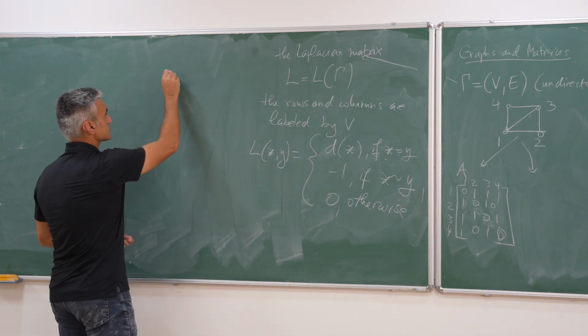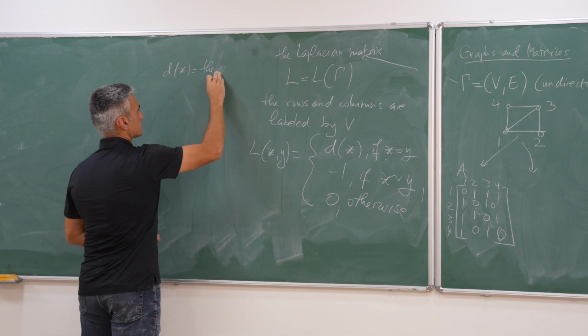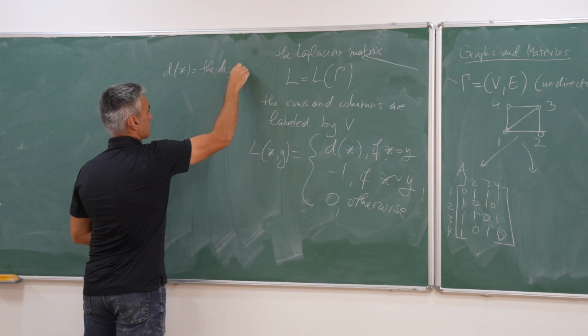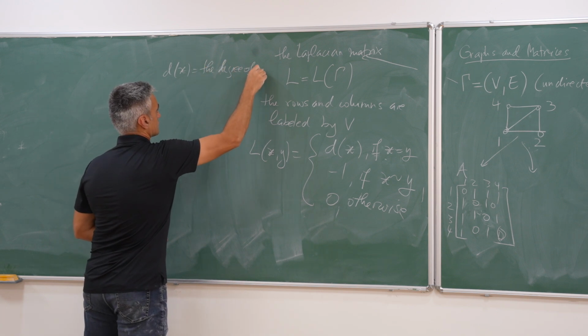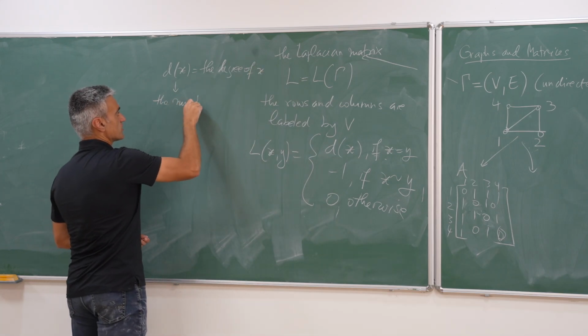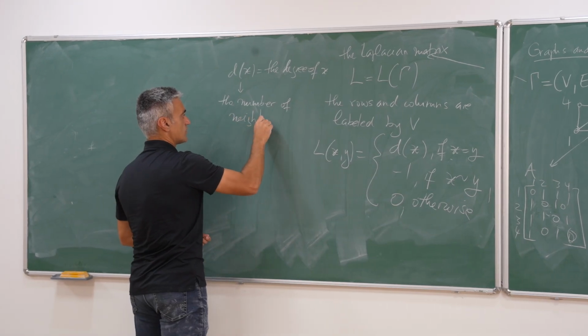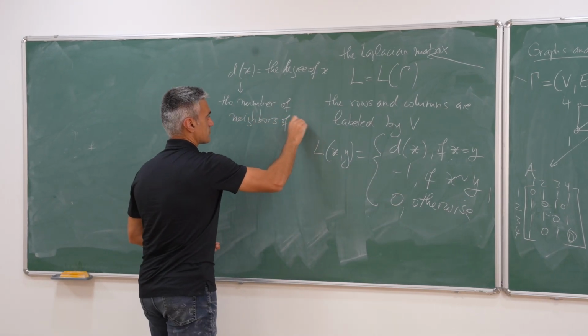So the degree of x is the number of edges, the number of neighbors of x.